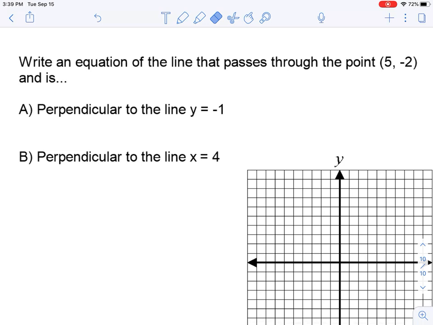This time, we want to go through the point 5, -2, and write an equation that is perpendicular to y equals -1, and another one that is perpendicular to x equals 4. So 5, -2, go ahead and plot that. I'm going to draw in my line y equals -1.